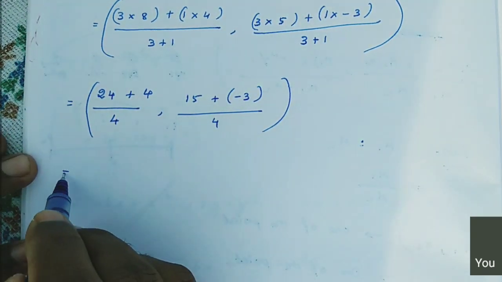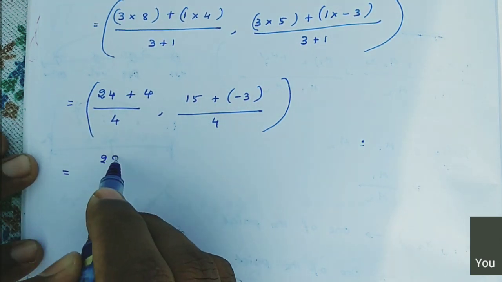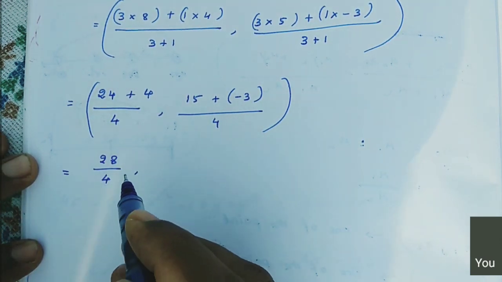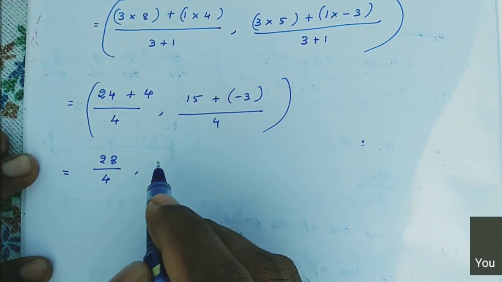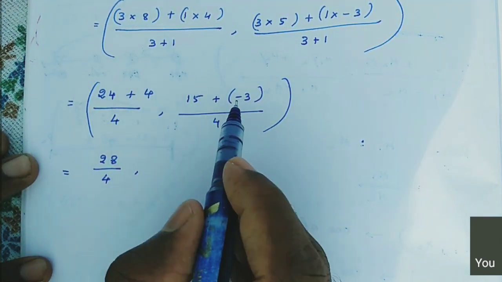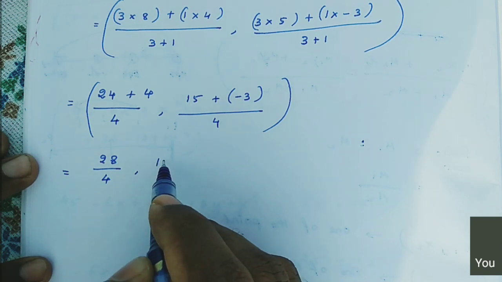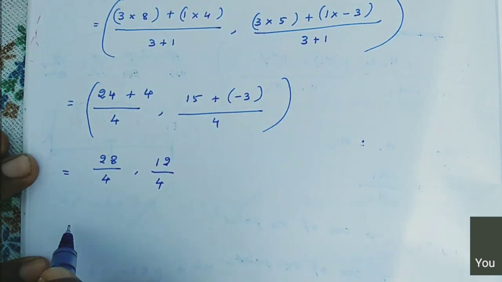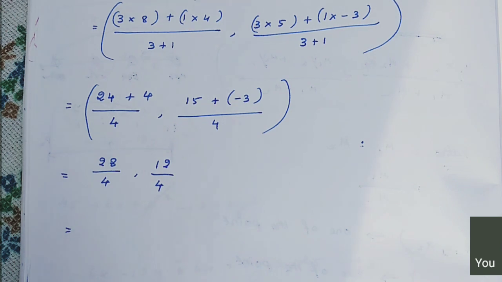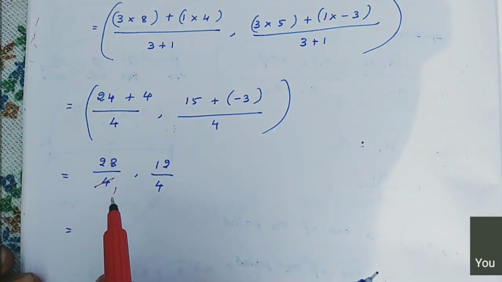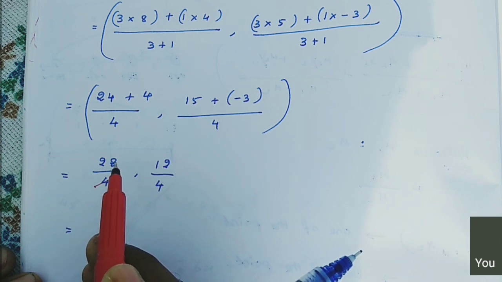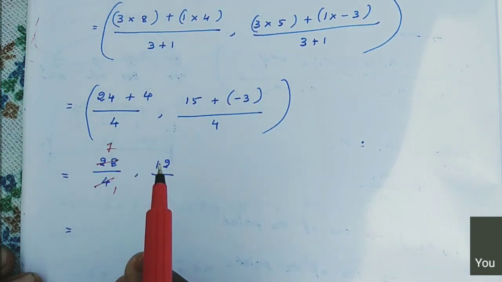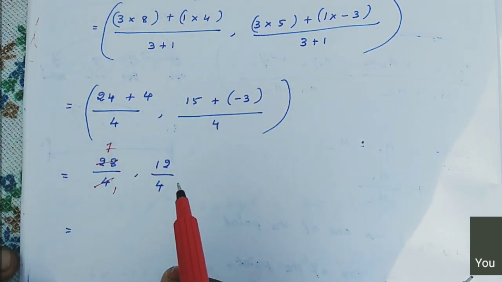So 15 minus 3 is 12, divided by 4. Next step, we can cancel it. 1 4 is 4. How many 4s are 28? 7 4s are 28.